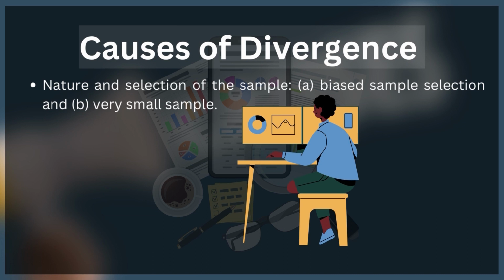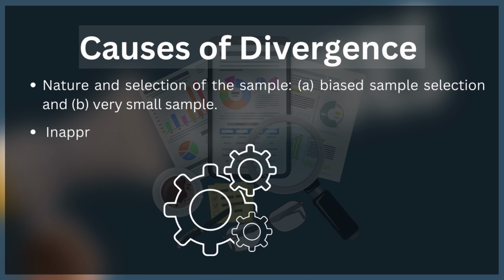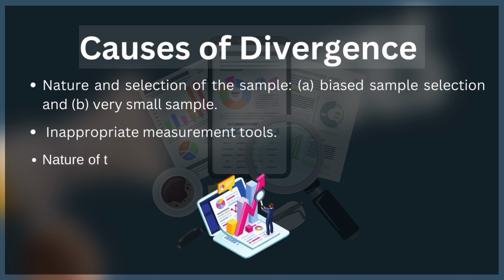The second cause of divergence from normality is inappropriate measurement tools. If the measurement tools that have been used are not appropriate, then also there is a chance of divergence. The third cause of divergence can be the nature of the variable that has been included in the research. On the basis of the variable that has been selected, there can be divergence in the distribution apart from the normal distribution curve.